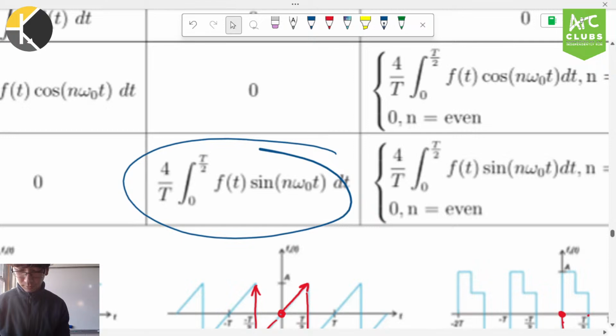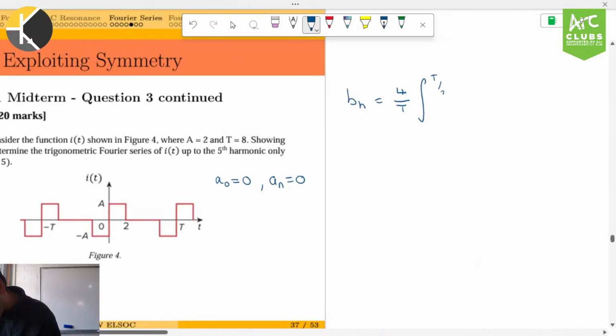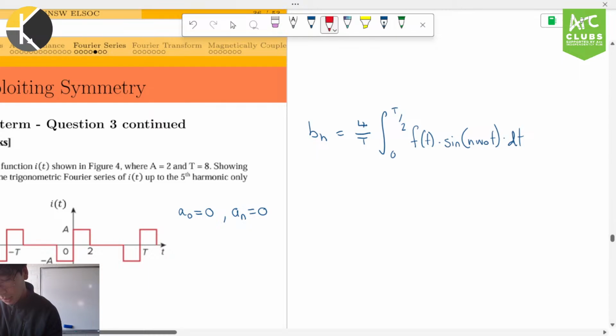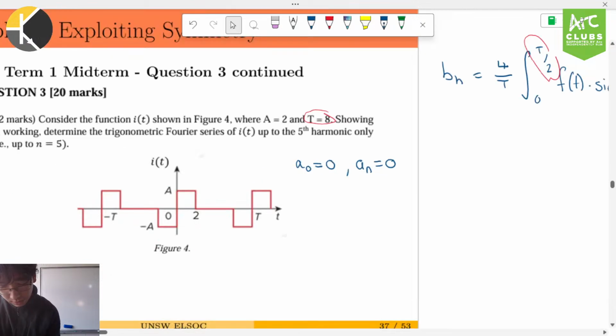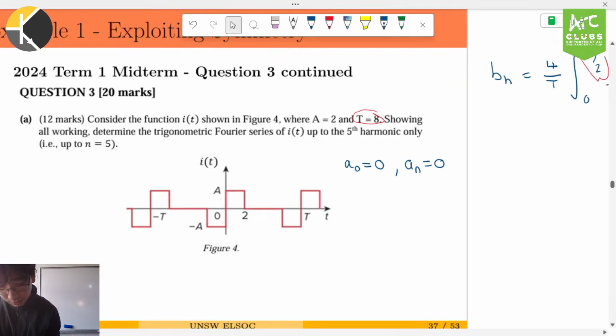So we have bn equals 4 on T, the integral between T on 2 of f of t sine n omega naught t dt. An important thing to note with this equation is that we're integrating for only half the period. The question says we have a period of T equals 8, so half our period would be 4.